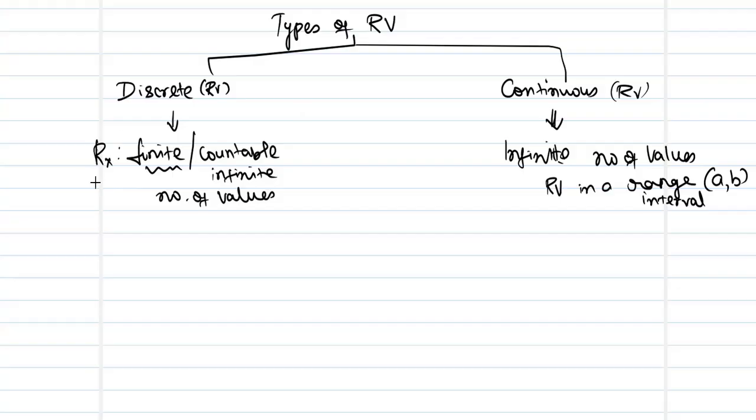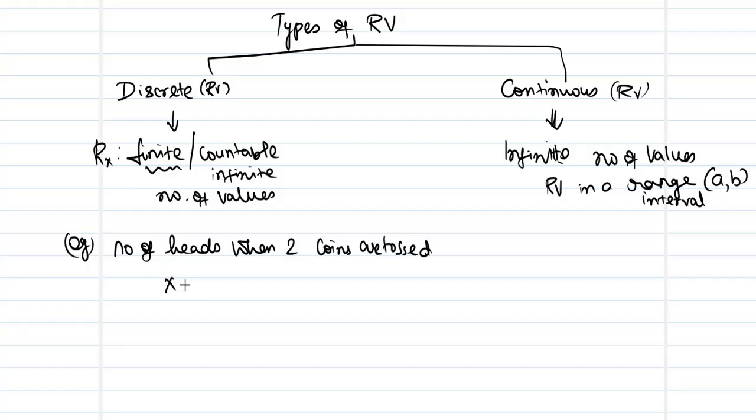So can we have an example for a discrete random variable? Things that can be counted, like the number of heads when two coins are tossed. Then the random variable takes the value 0, 1, 2, in which case it is finite in nature, and you call this random variable X a discrete random variable.